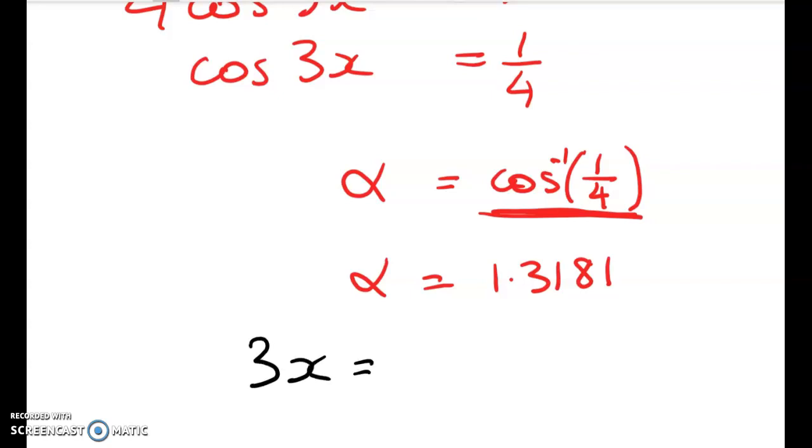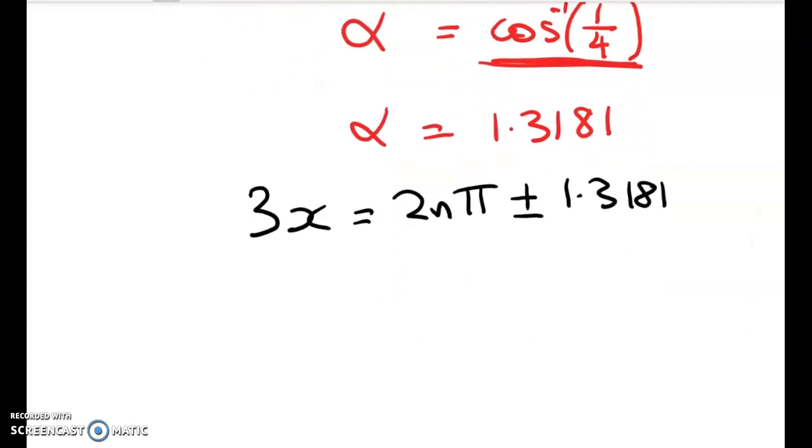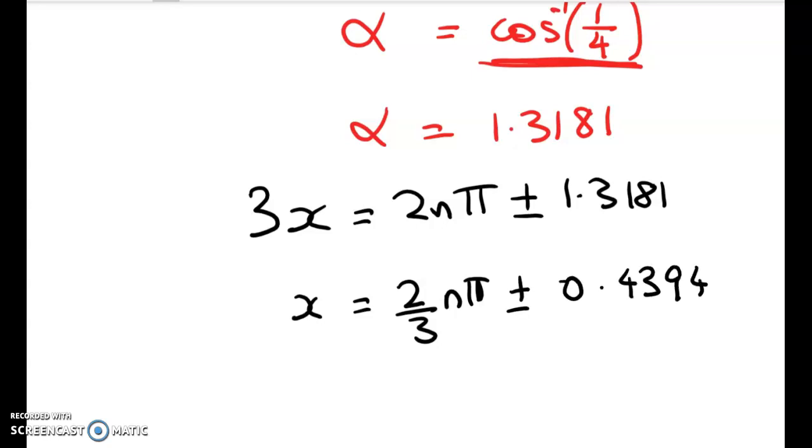So 3x is going to equal 2n pi plus or minus 1.3181. Now I divide both sides through by 3 and I get x is equal to 2/3 of n pi plus or minus 0.4394.